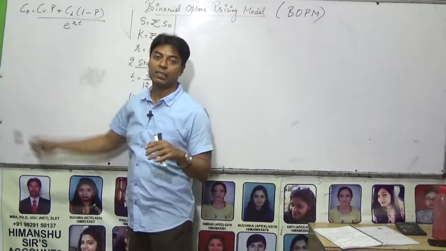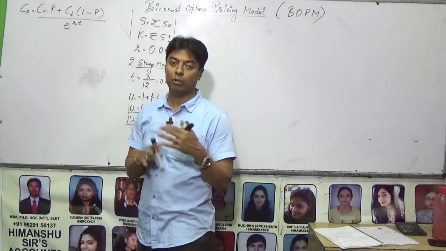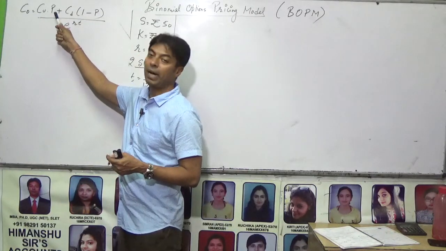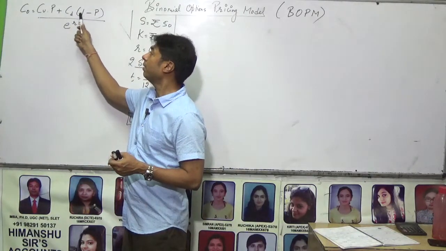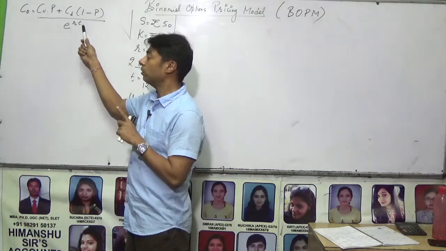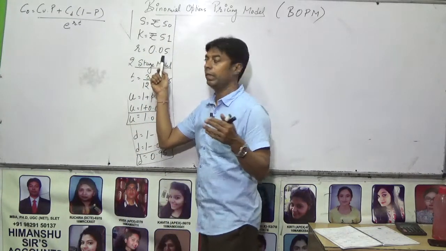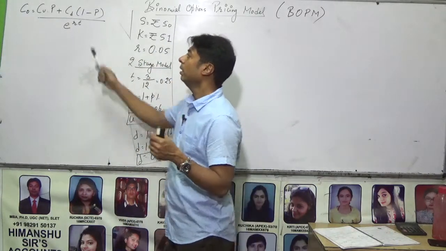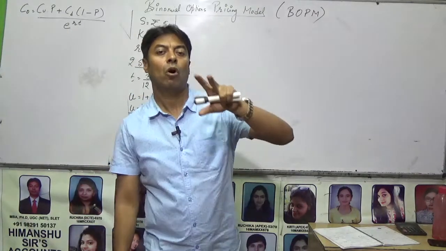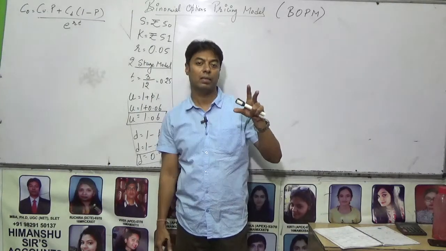Now CO stands for value of the call option, price of the call option, premium of the call option, that you are going to calculate by using CU multiplied by P plus CD into 1 minus P, whole divided by e^RT. You know the value of R, we know the value of T. T is time, R is the risk-free rate of interest, that is 0.05. Now CU stands for, please take it down, call option value at the upswing.